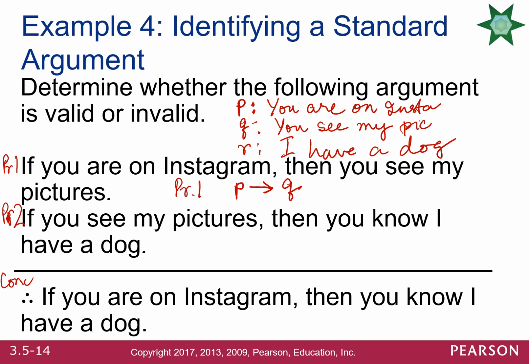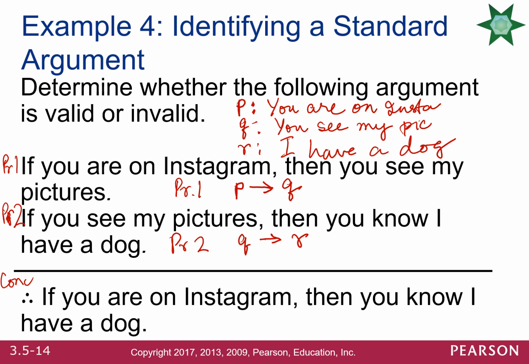The second premise is if you see my pictures, which is Q, then you know I have a dog, which is R. So the second premise is if Q, then R.